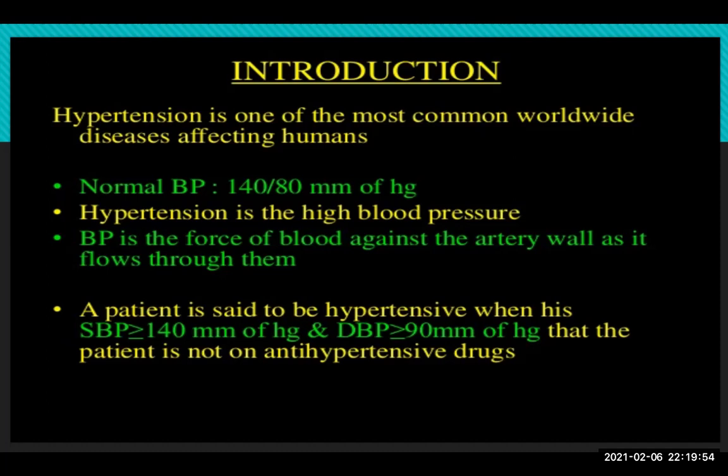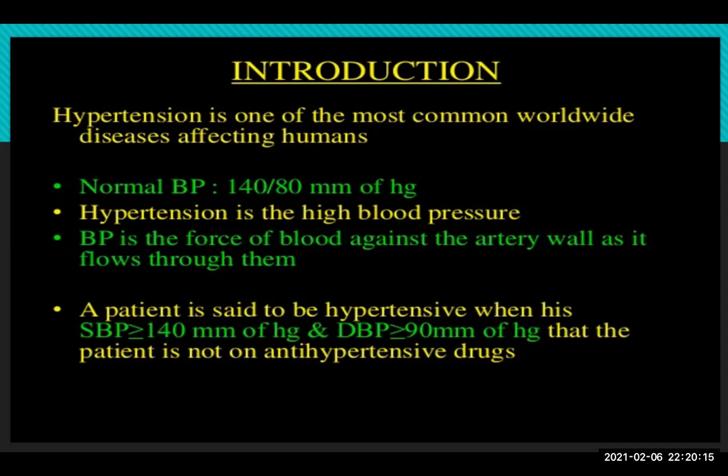This is a range, not a fixed figure. Normal blood pressure is defined when the systolic blood pressure is 140 or less, and diastolic is 80 millimeters of mercury or less.